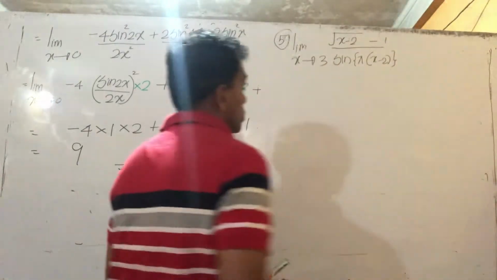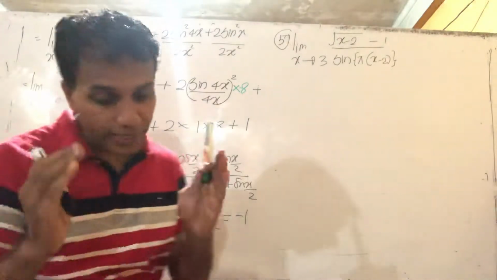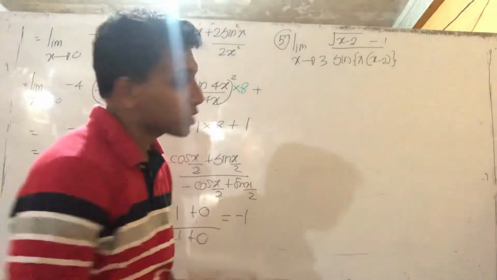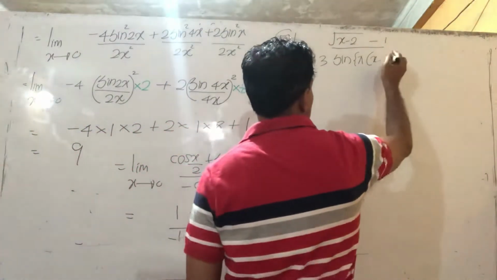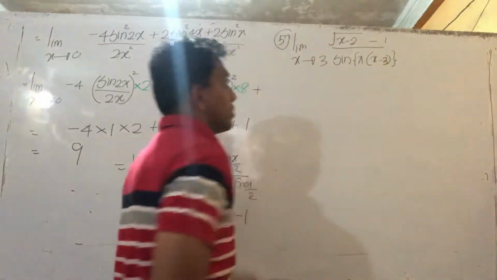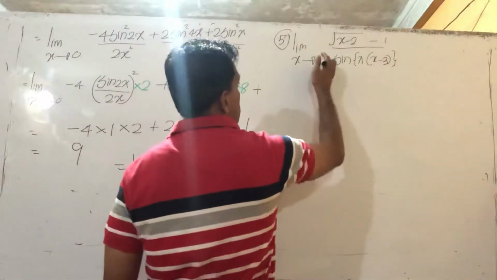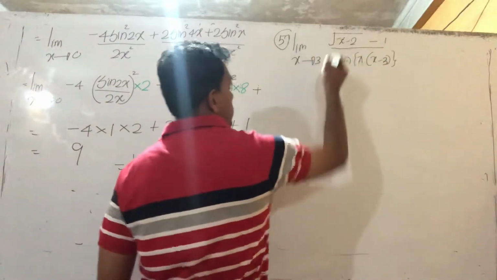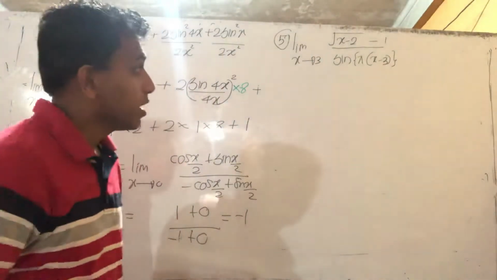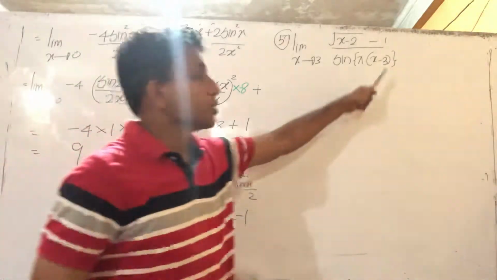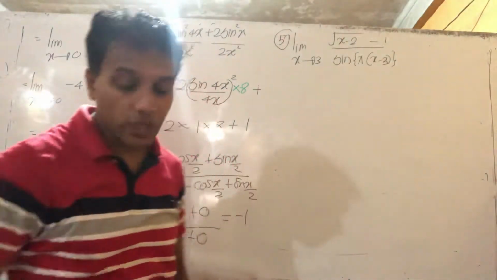See, an important question. The sine angle is pi into x minus 3, right? See what happens if x tends to 3. Check: 3 minus 2 is 1, 1 minus 1 is 0. This becomes sine naught, which is naught.